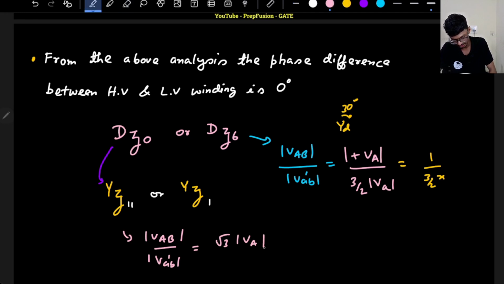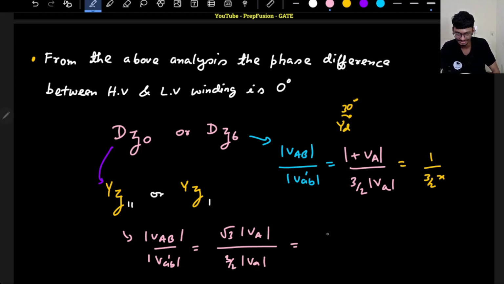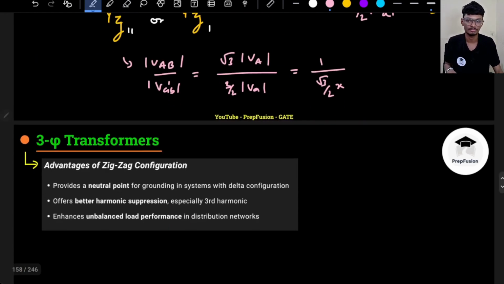And VAB dash will not change, zigzag, it will be 3 by 2 into small VA. So again capital VA by small VA is 1 by x, root 3 is cancelling out, so it is 1 by root 3 by 2x. So this formula will actually keep on changing, so no need to remember the formula, just understand how I am deriving it. That is the important portion here.